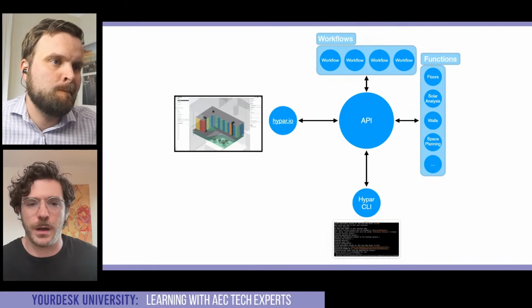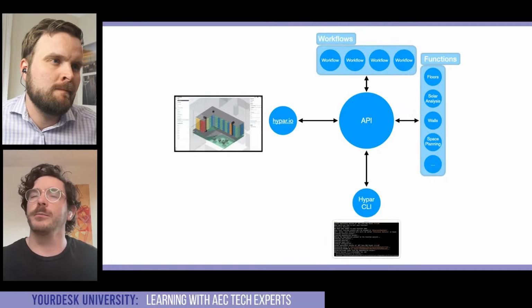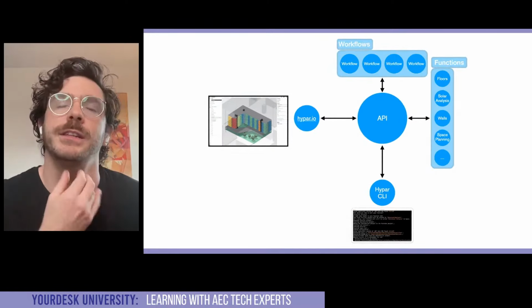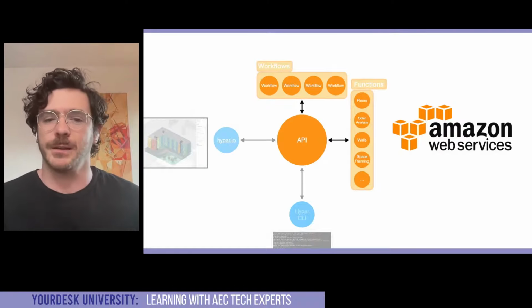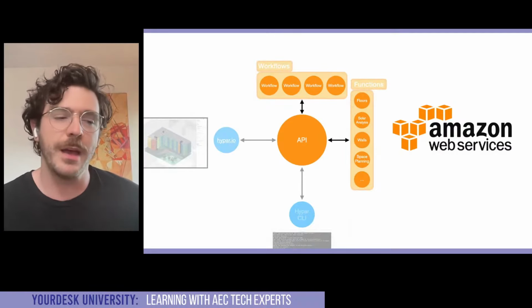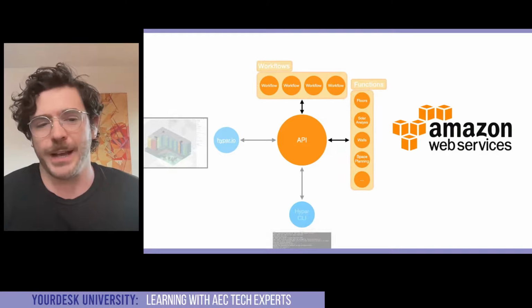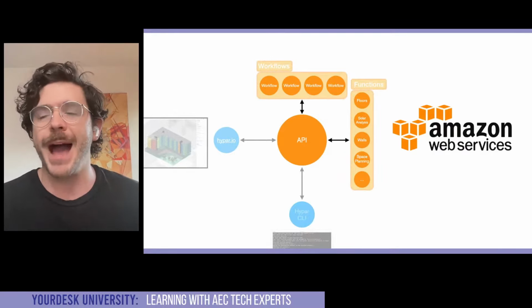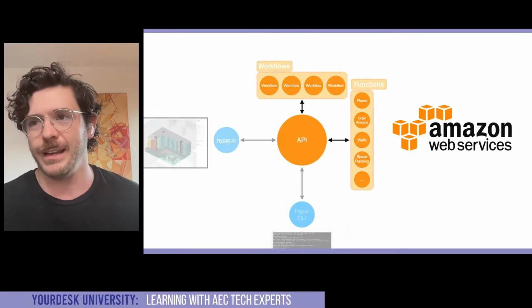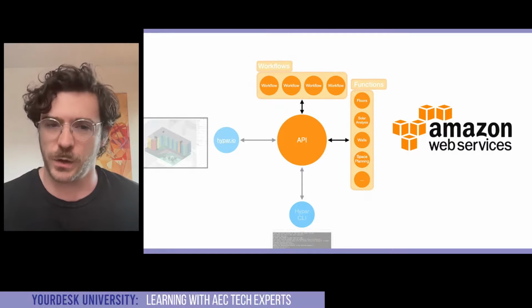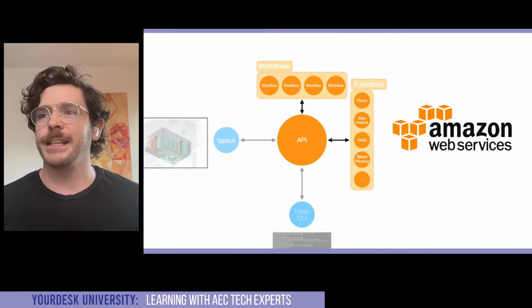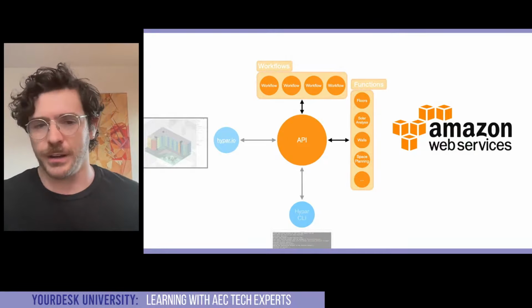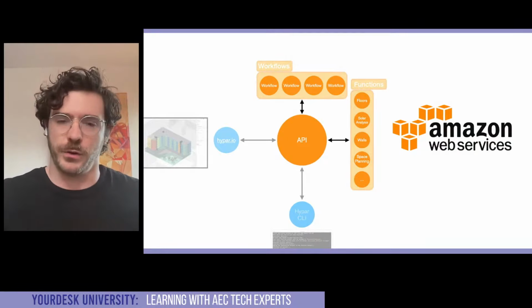So this upper right-hand corner here, between the API and workflows and functions, all of this lives in the AWS, Amazon Web Services universe. If you haven't heard of this, AWS is basically the backbone of the modern internet. It is the world's largest cloud service provider, and they have the craziest list of services and products that you can use to compose your web application.